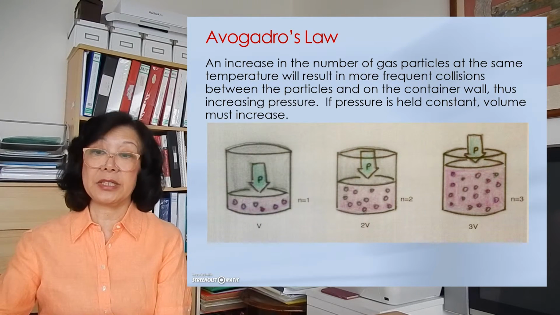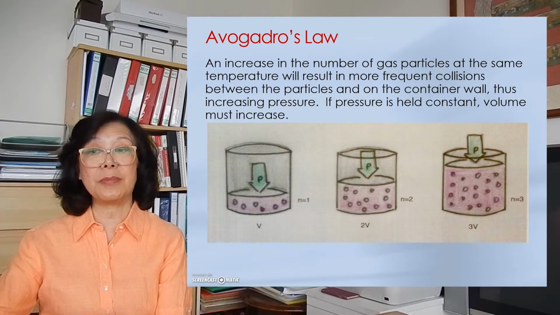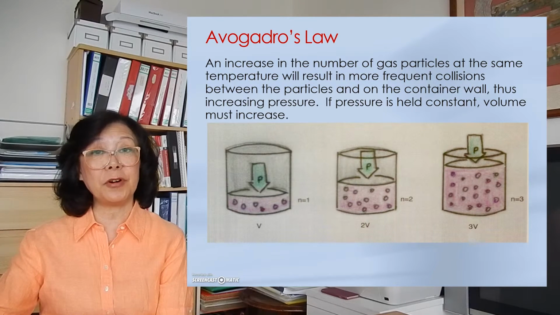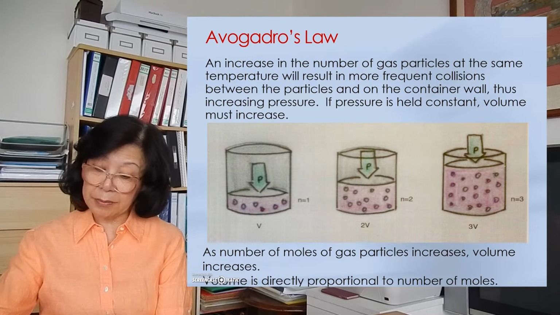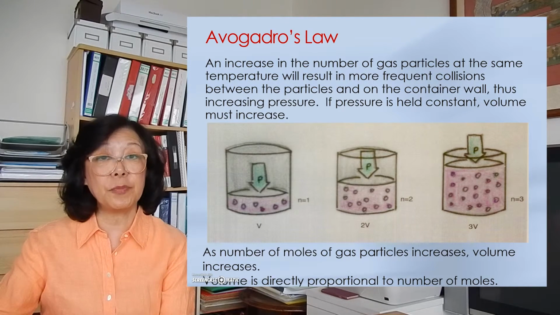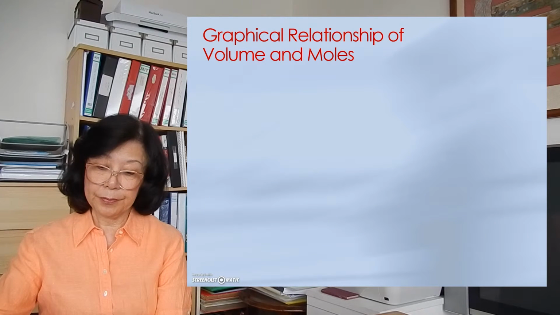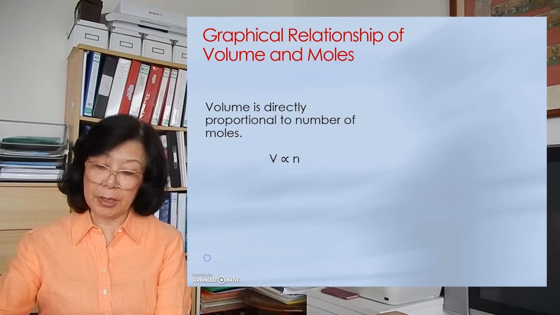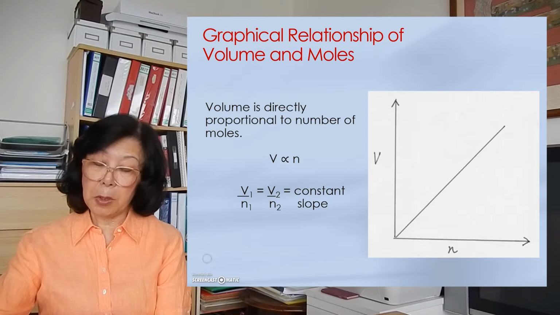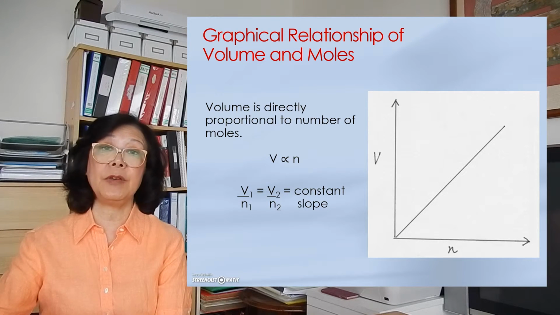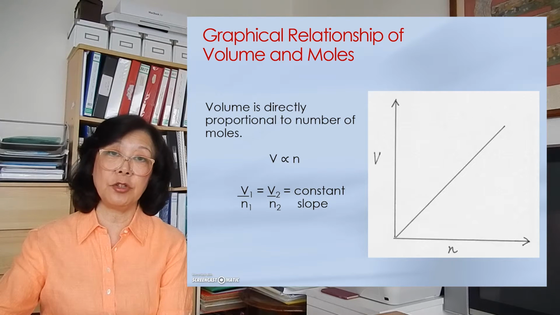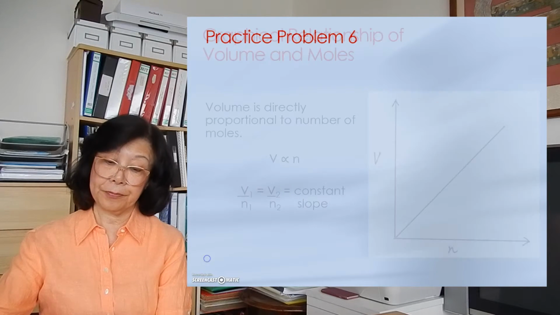As illustrated by this diagram, as I put more moles of molecules into the container, volume increases because pressure is held constant. So volume is directly proportional to number of moles. If we graph volume versus moles, we have a straight line. The slope of a straight line is represented by V1 over N1 equals V2 over N2.